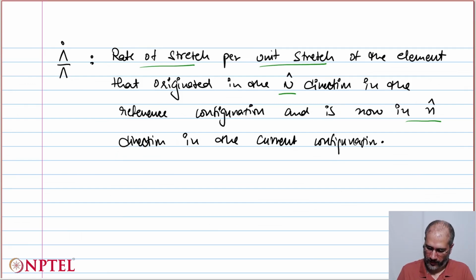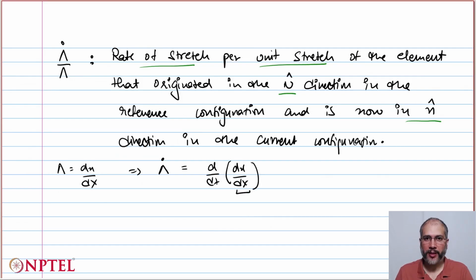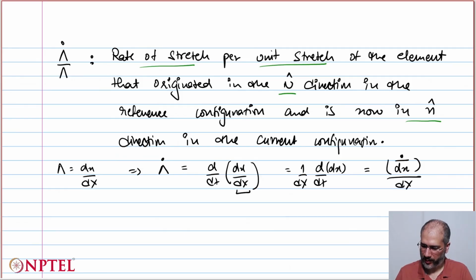So let's write the definition of lambda. So lambda was d small x upon d capital X. So this implies lambda dot is d by dt of this quantity. But remember, d capital X has nothing to do with time. So this becomes d by dt of d small x only and 1 by d capital X, which basically means it's the dot of dx divided by d capital X. I use this bar above to show that it is a dot of the quantity under the bar.